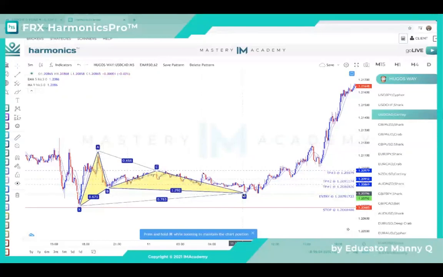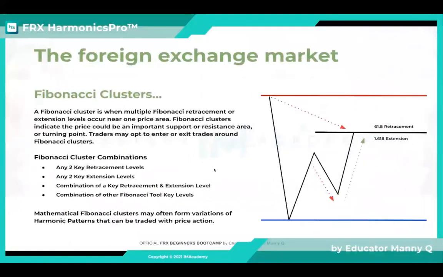So what a harmonic pattern means is that Fibonacci clusters are where you're using a combination of two Fibonacci levels at one point to create a strong price reversal zone.